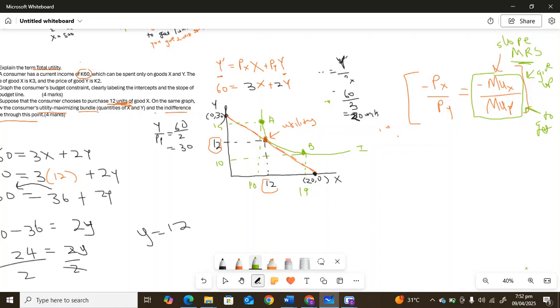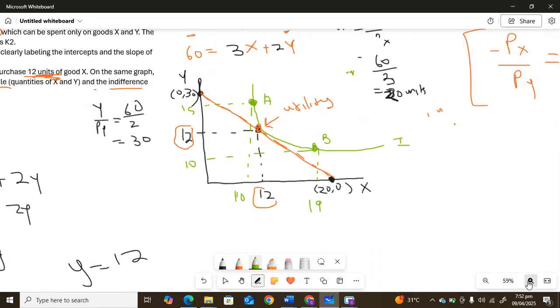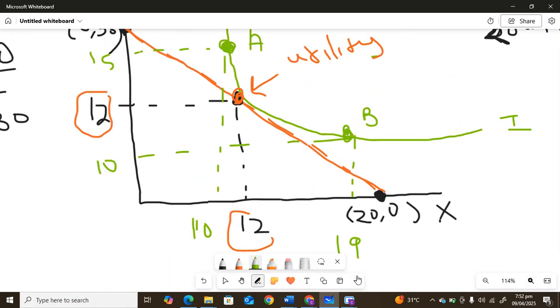The only thing is that here, because we have a budget constraint line, where it's tangent, let's call this point C. At point C, you can afford the bundle, but for point A and point B, because they're above the budget line, you cannot afford them.